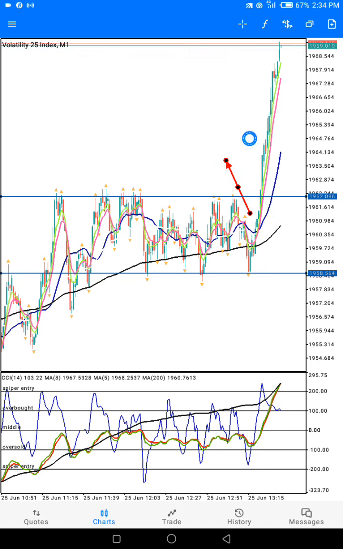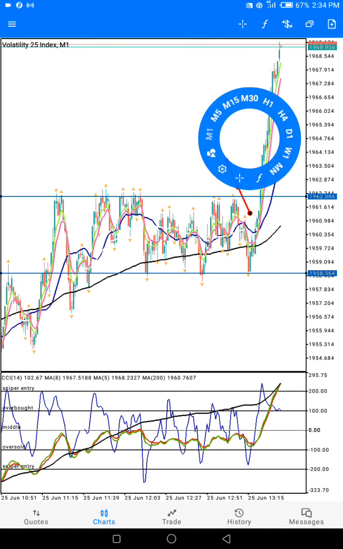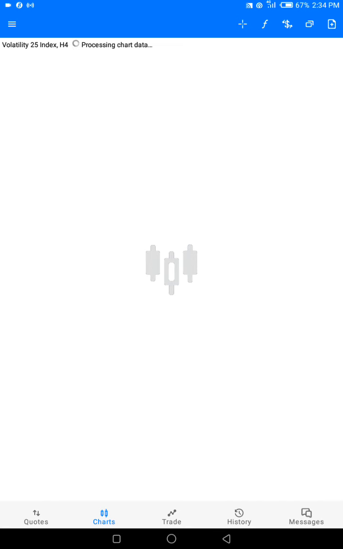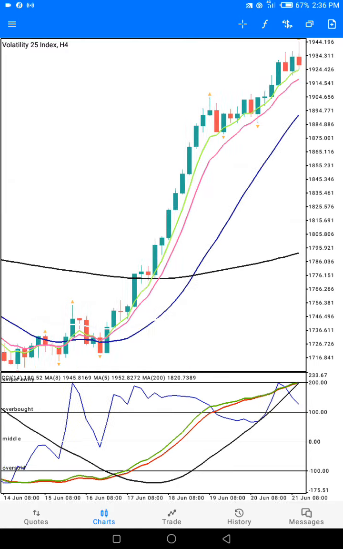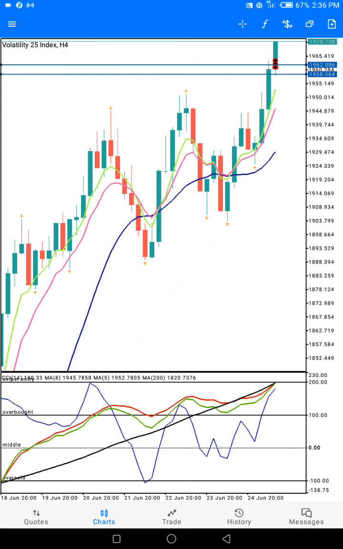If you go to the higher time frame, let's look at how the market is doing at the higher time frame. Just a bit, the system is a bit slow, but we'll get there. Now, on the higher time frame, it is an upward movement.